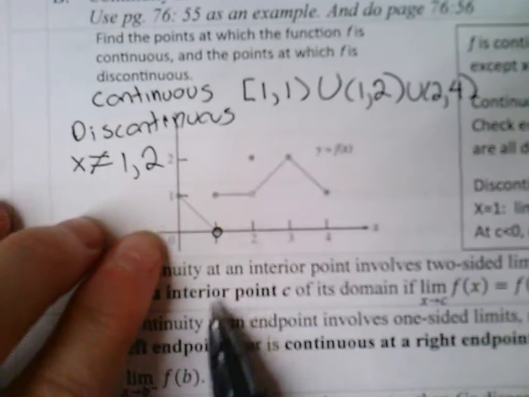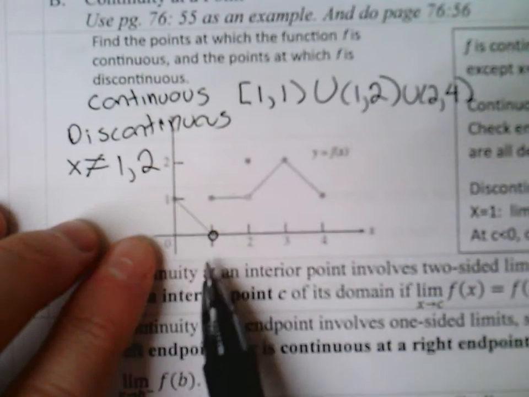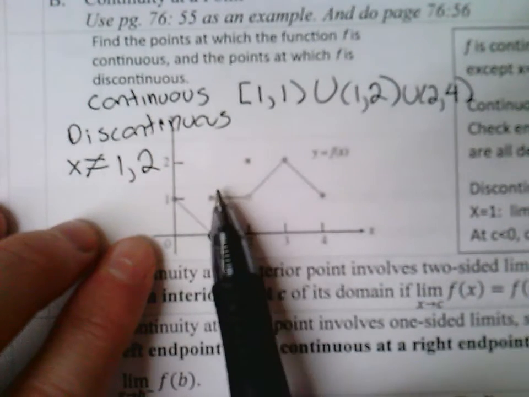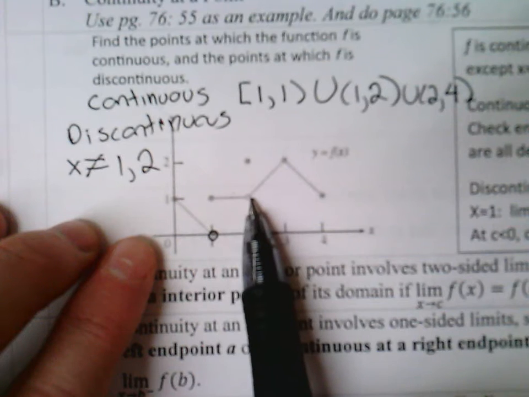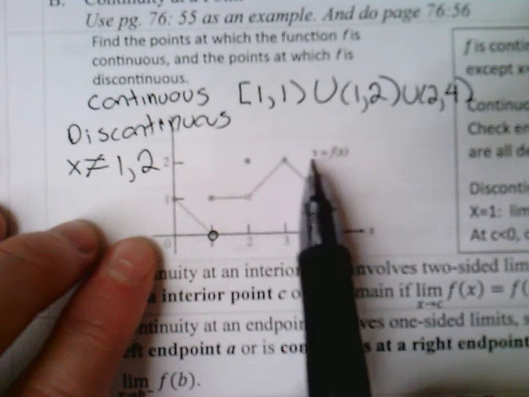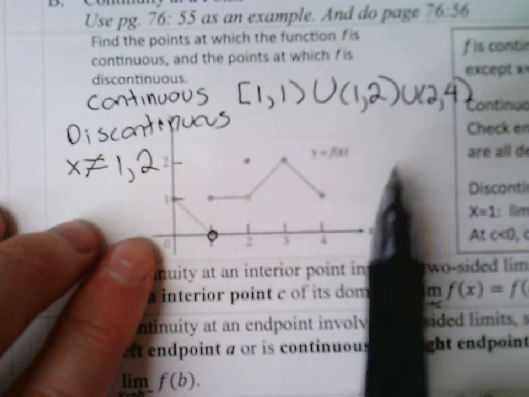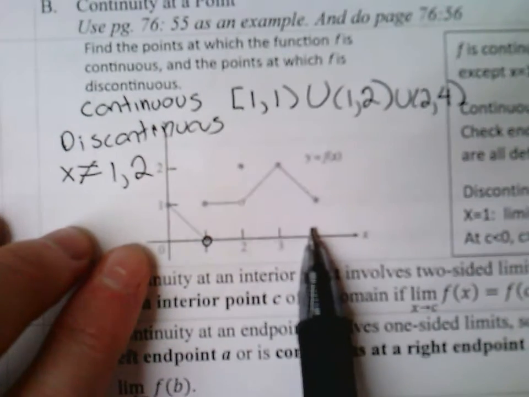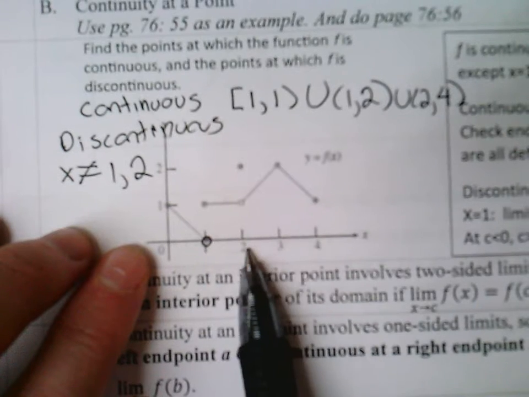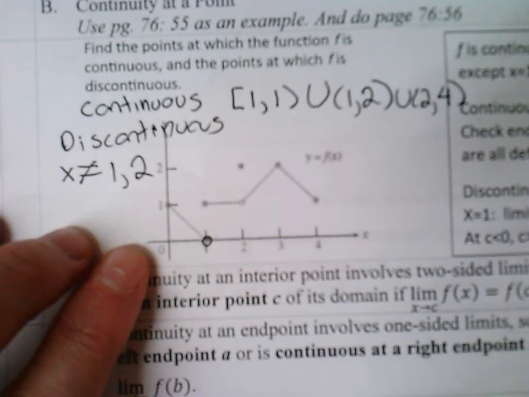Looking at this graph, it is continuous from 0 to around 1, then 1 to around 2, and 2 to 4. Another way to say this is f is continuous at every point in its domain, 0 to 4, except at 1 and 2.